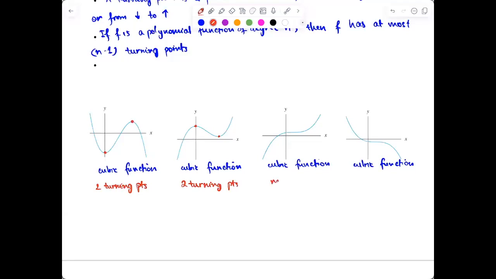Here you have no turning point. So again, these four graphs are cubic functions.